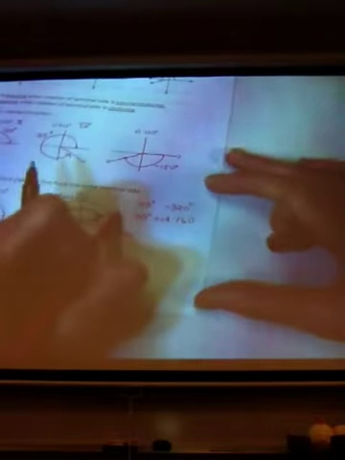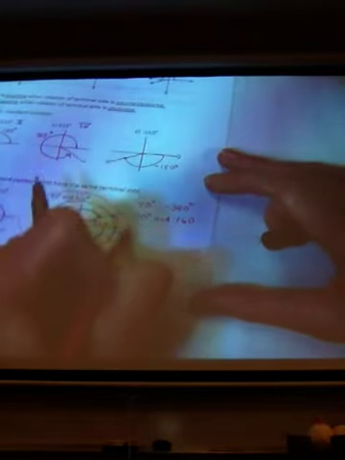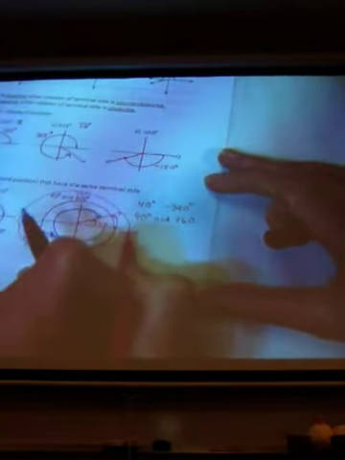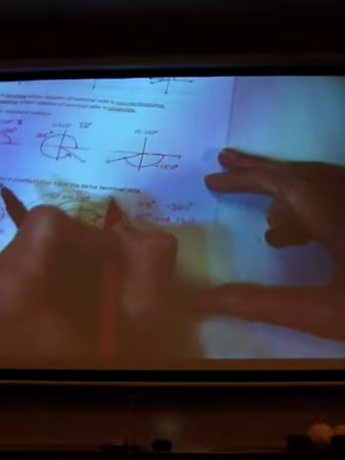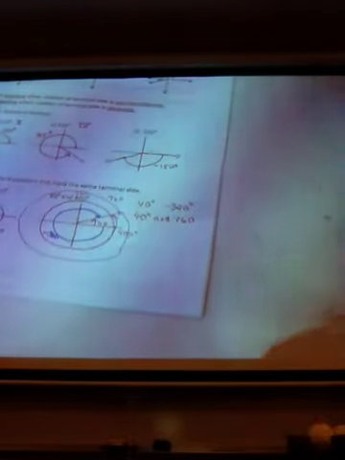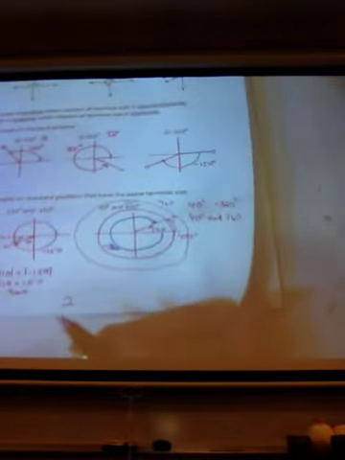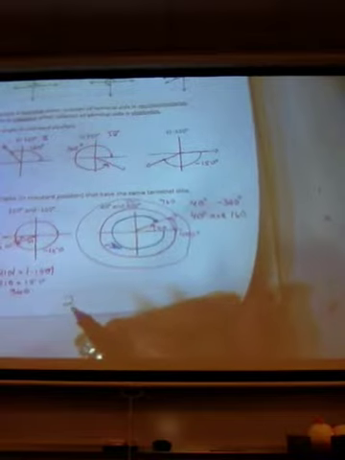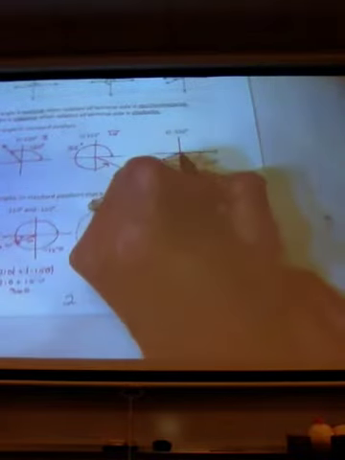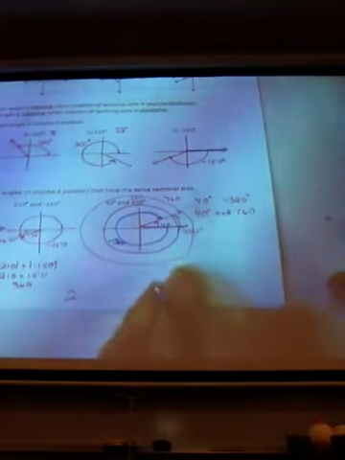If I would add another whole rotation, 400 plus 360 would be 760. Those would all be coterminal because the terminal side lands in the same location. Got it? The initial side always stays on the positive x-axis.